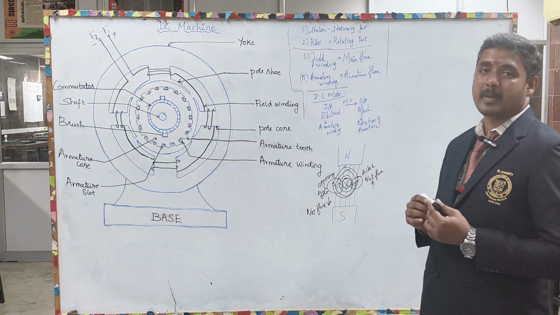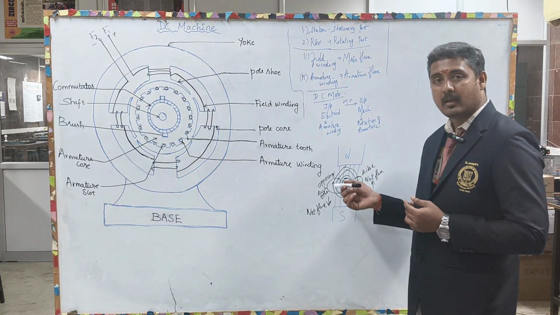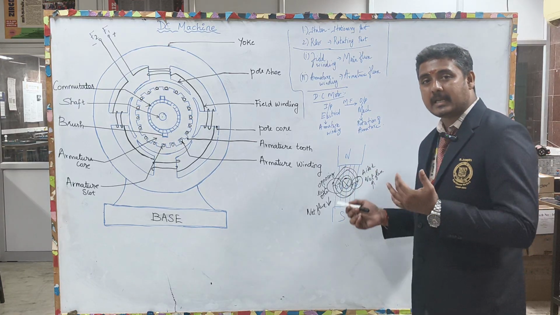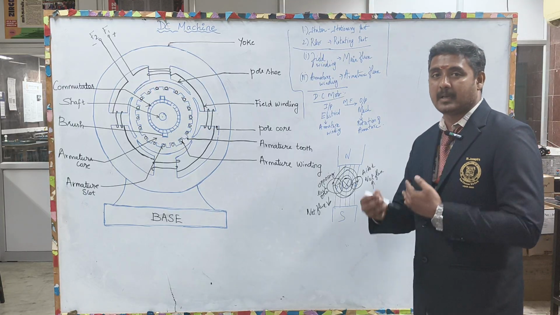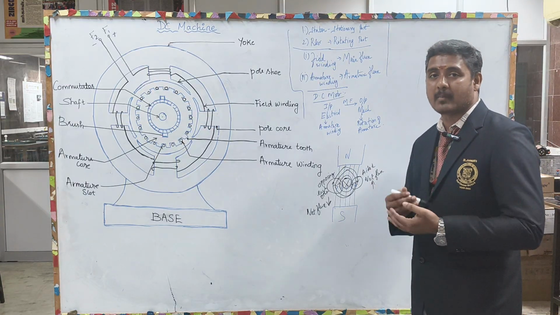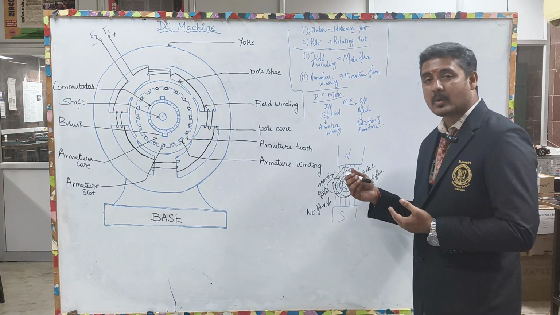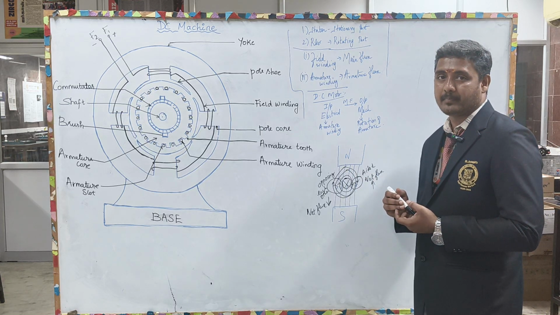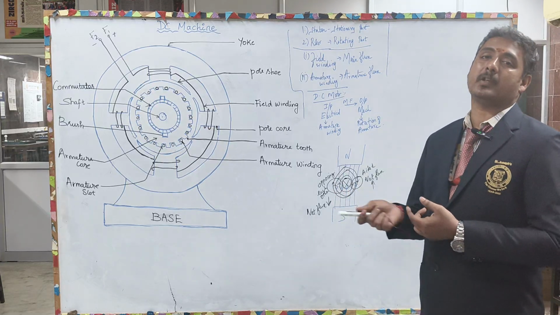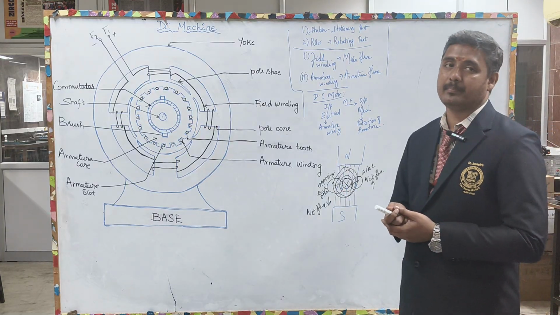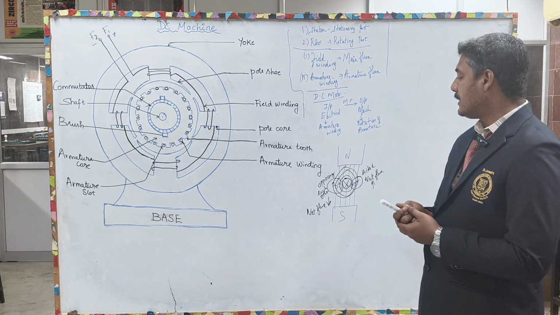Therefore, the rotation will be made from high density area to low density area of flux and low density area to high density area of flux. If it changes, then the rotor will rotate. You are giving an electrical input to the armature winding and you are going to get the rotation of the rotor as the output. Okay.